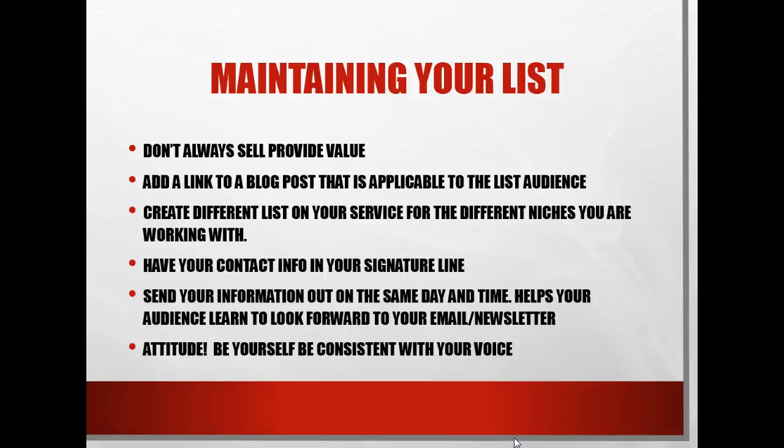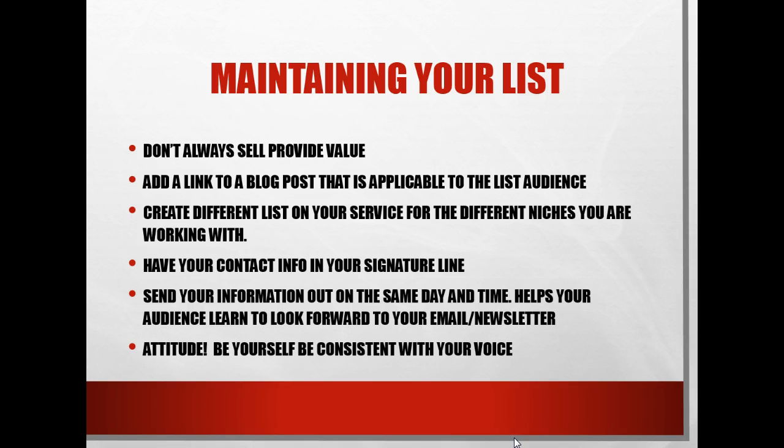You could always have, like, on one of my lists, for that niche, I always have something at the bottom that says this week's sponsor, and there's a link, but that's not the primary message for that email. I send new information pertaining to that niche, teaching them something in that niche.